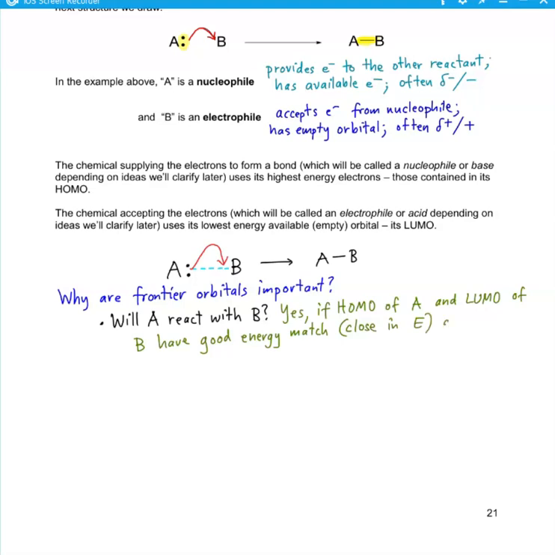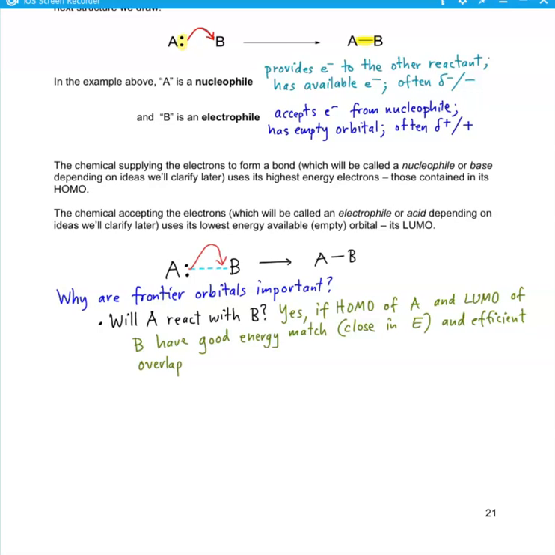And efficient overlap. Remember, you can't make a bond unless the overlap between the involved orbitals is decent. So A will react with B as long as their HOMO and LUMO are well matched in energy and have good overlap.